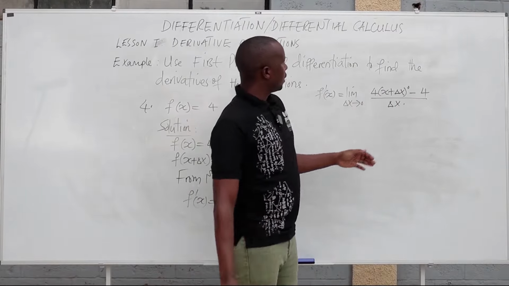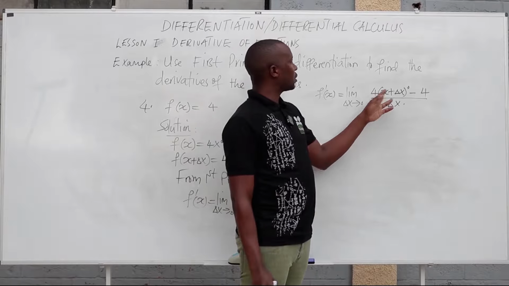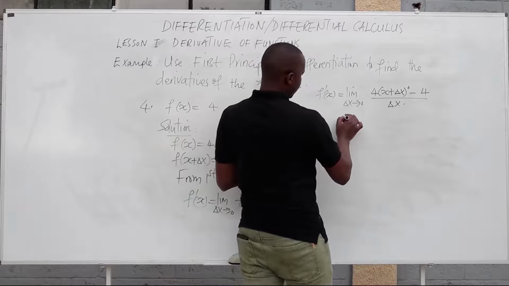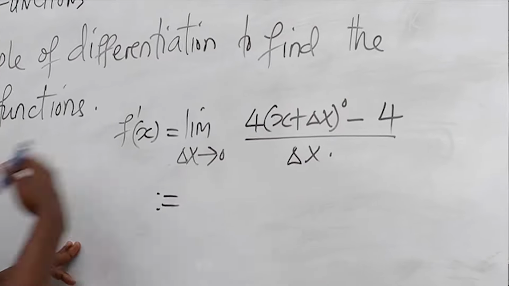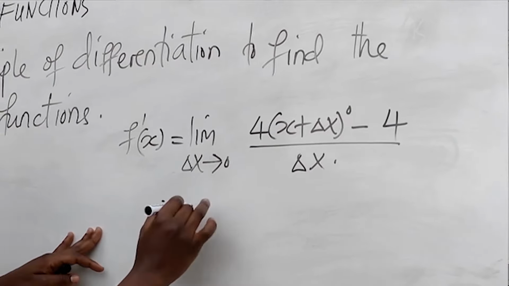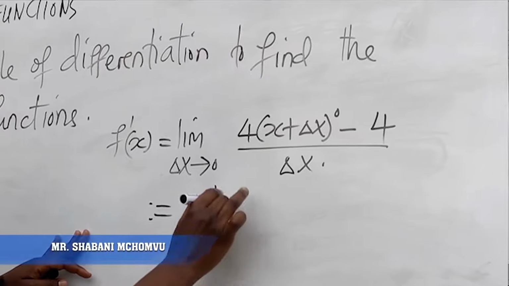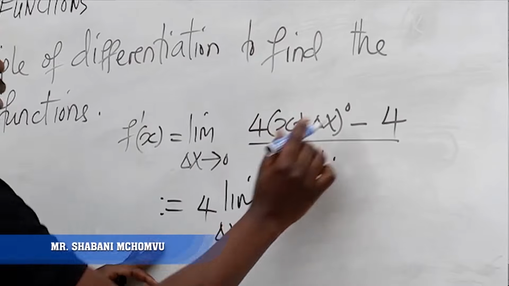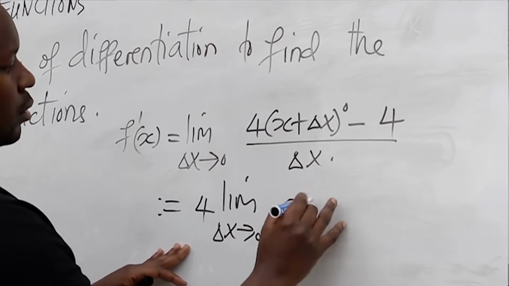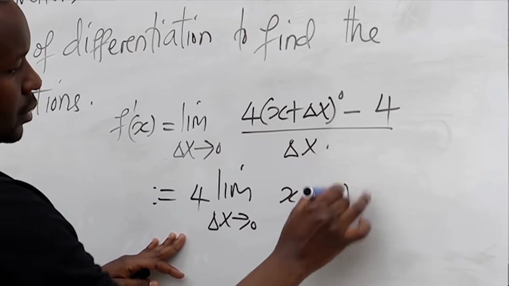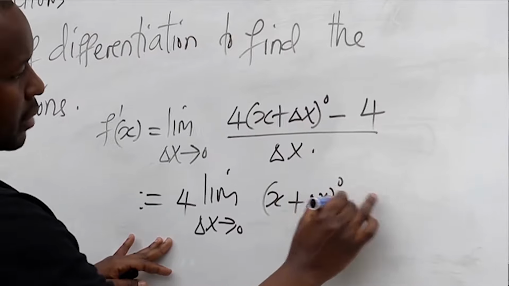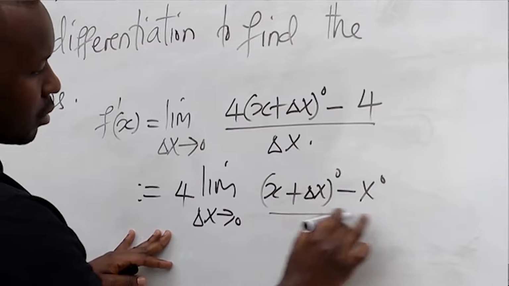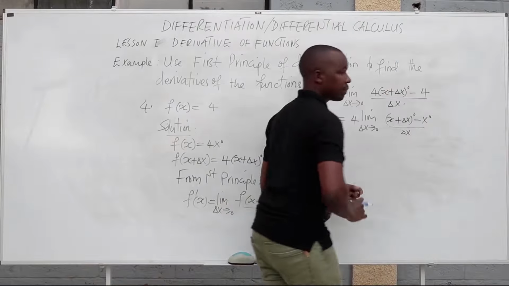When dealing with the limit, all the constants we can just factor out of the limit. So this 4 is a constant now, it can stay outside the limit. So it becomes 4 times the limit as change in x approaches 0. Here we'll have x plus change in x to the power 0 minus x to the power 0, over change in x.